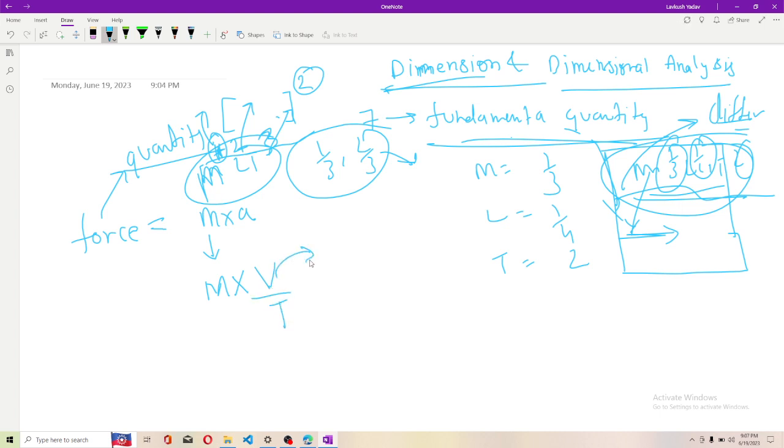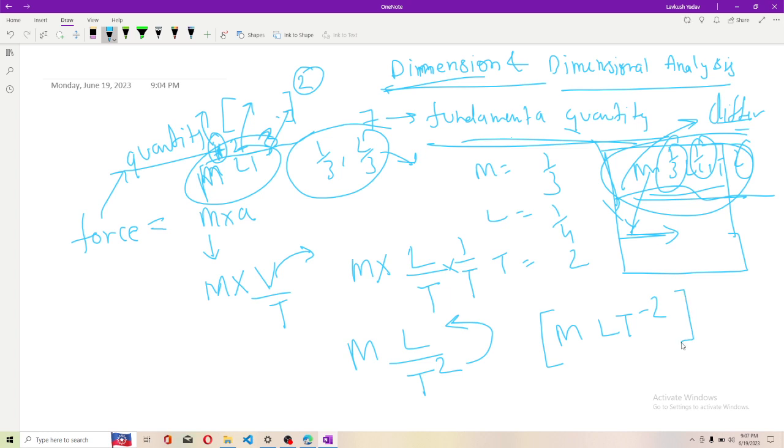Now velocity is length upon time, and one time was already there, so now it is M L upon T into T square. So now if it goes above, it would be M L and T raised to minus 2.